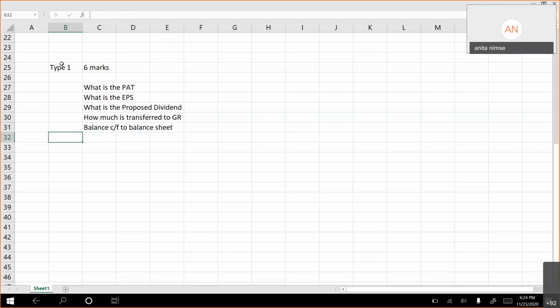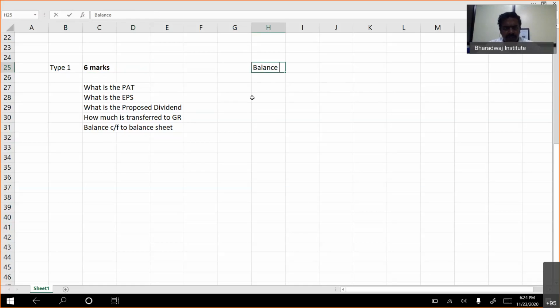I will share the working in the morning. This is a 6 marks question. Balances on 31st March 2020: 12% preference share capital, 20 lakhs.